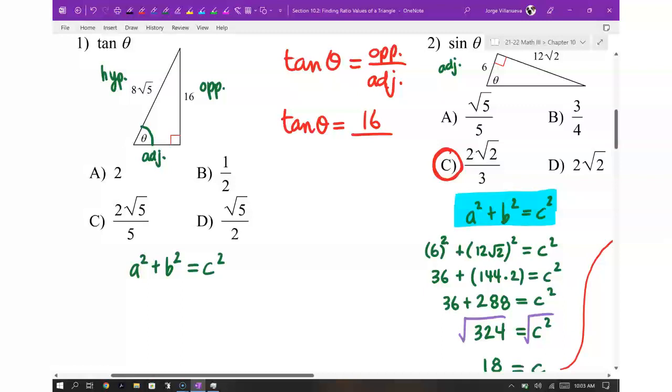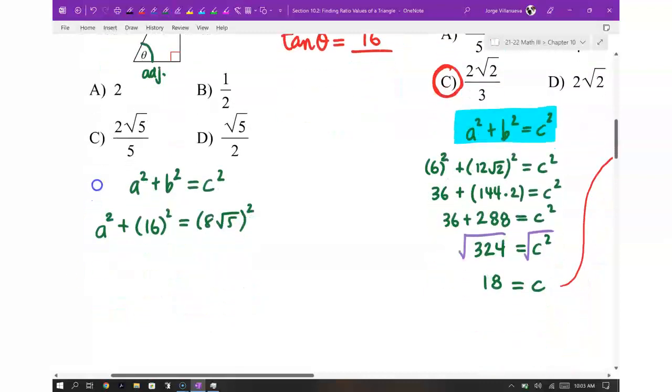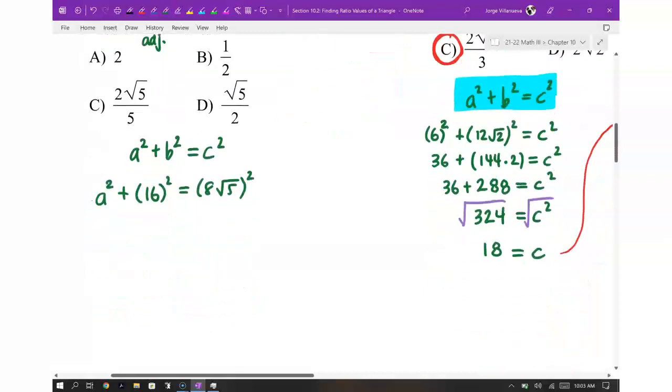All right, so here you go. Let me tell you what I'm going to do here. The A squared, I'm going to leave it alone. Plus B squared, well, that's not my hypotenuse, so I'm going to use 16. And then C squared, that's going to be 8 radical 5 squared. Again, calculator is going to be helpful here, right? So A squared plus 256 is equal to 8 squared is 64 times 5.